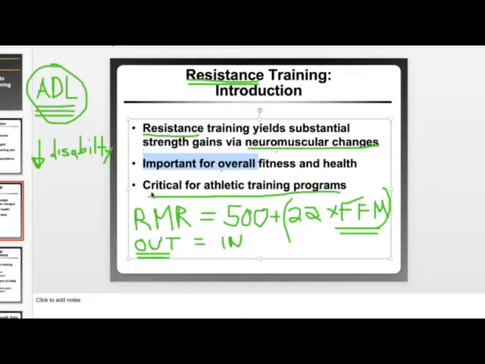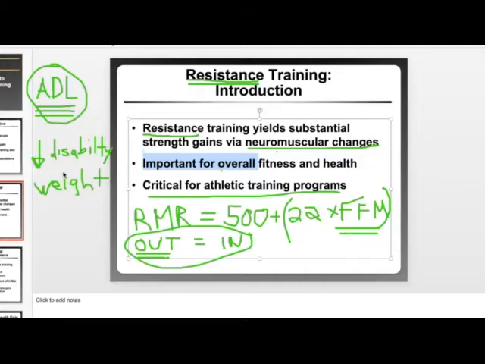So not only am I interested in strength and muscle mass for sports training or to maintain activities of daily living as an individual gets older, but I think that this fat-free mass, or the amount of muscle that you have, is critically important in balancing this energy in and energy out equation. And eventually that is going to have some pretty interesting implications in regards to weight management.